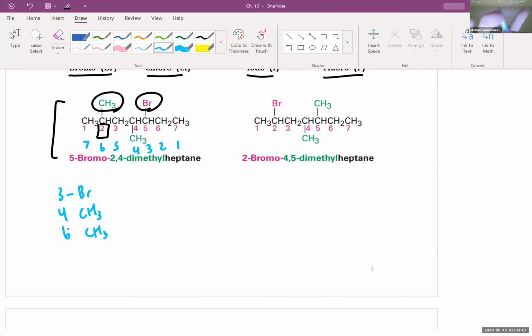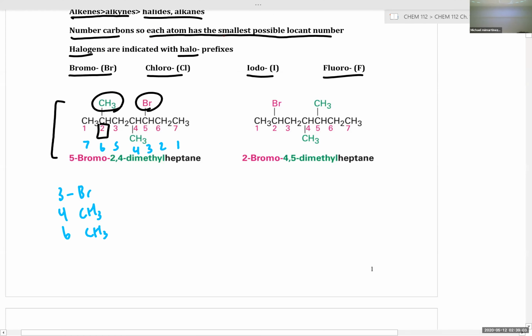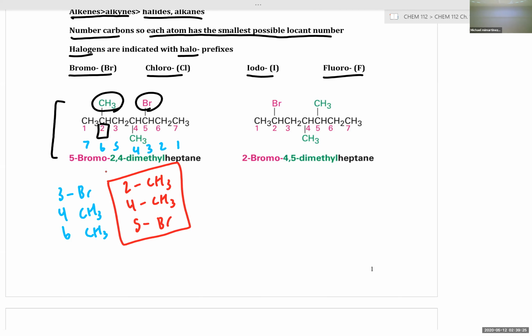If we compare this to our numbering method in red, where we have our methyl at carbon 2, a methyl at carbon 4, and a bromine at carbon 5, we see that our numbers are lower overall, and our starting number is lower for each of our substituents using the numbering method in red.